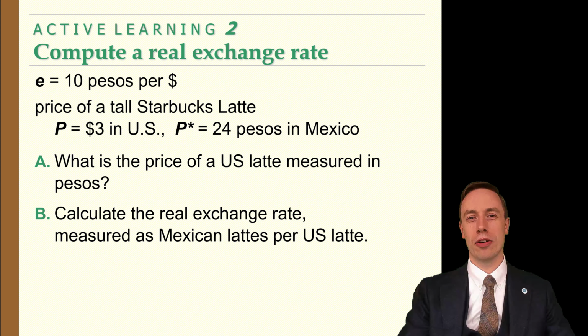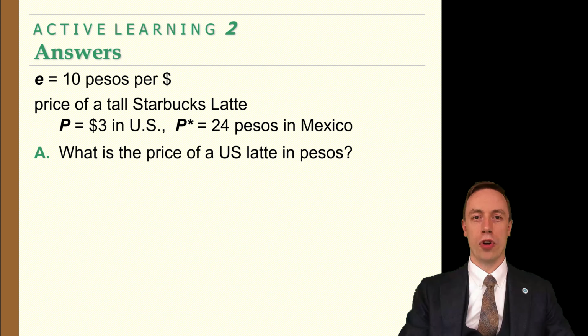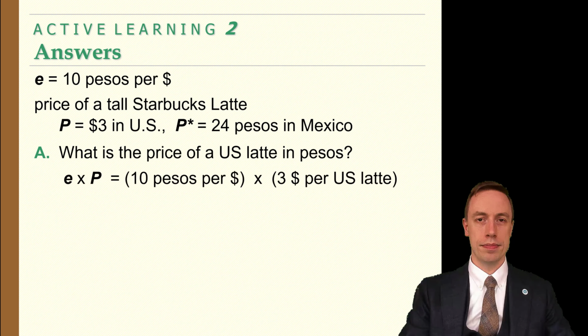All right, let's go ahead and compare our answers. So, first step, we're converting the US latte into a peso price. E times P. $3 latte times 10 pesos per dollar means the US latte has a price of 30 pesos.